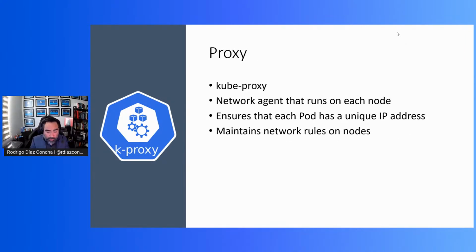The next one is the proxy. The technical name is Kube Proxy. This is a network agent that is running on each node as well, and it's responsible for assigning a unique IP address to each pod. Okay, so if you deploy, say, an application that has 10 replicas, say 10 pods, then each pod is gonna have a unique IP address.